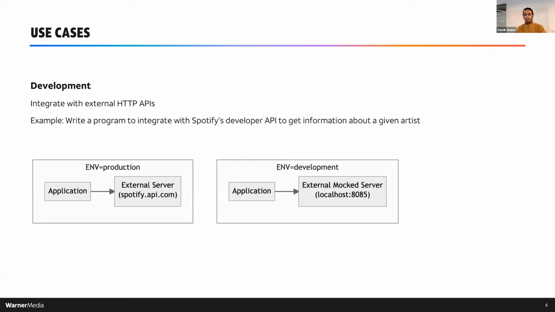So with that, let's jump into some of the use cases as to where Wiremock-Captain fits into the everyday routine of a developer. So the first scenario is during the API development phase. Suppose we have to write an application that interacts with Spotify APIs to get us information about an artist, like their name, their popularity, the genres of the songs that they create, and so on and so forth.